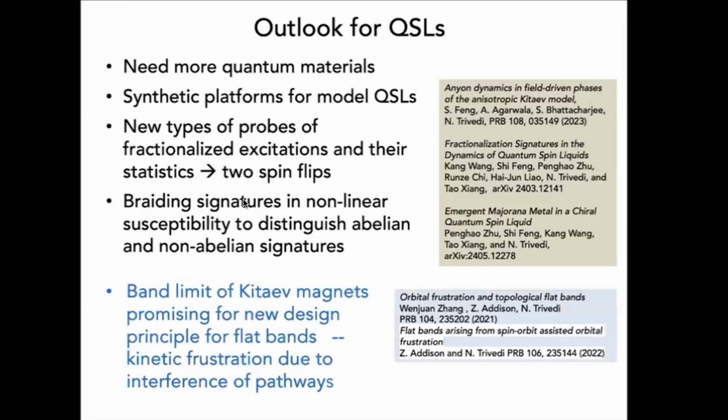And I haven't talked about this, but there are very close connections of these strongly coupled Hamiltonians with just the band structure, which can also produce frustration. And then looking at flat bands that come in this other extreme limit, the same processes that give you Kitaev antiferromagnets also give you very flat bands, rather interestingly. So with that, let me thank you.